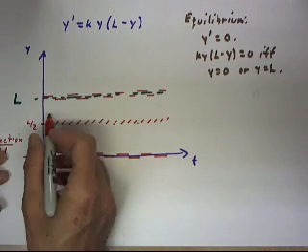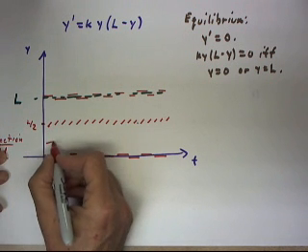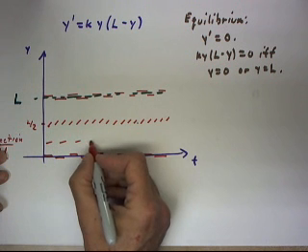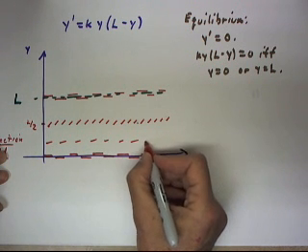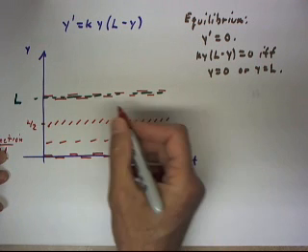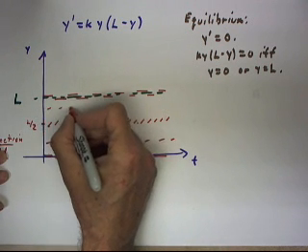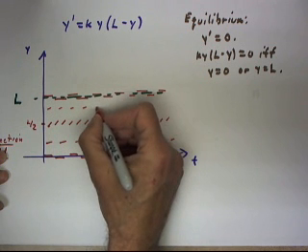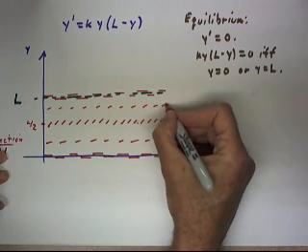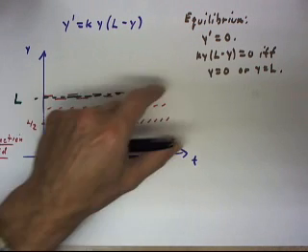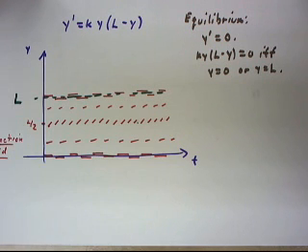Now, at points in between, down here, the slope is going to be fairly small. And as we approach L, the slope is again going to get fairly small. So this could be a rough representation of a slope field between y equals 0 and y equals L.